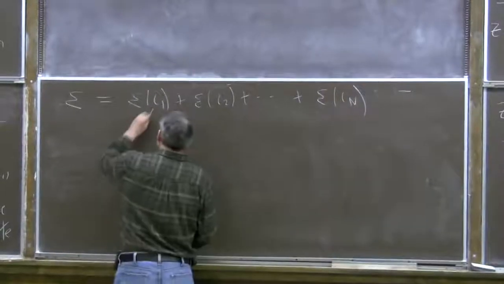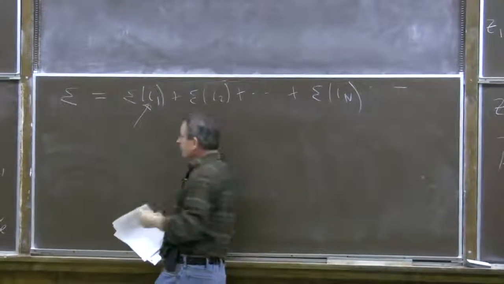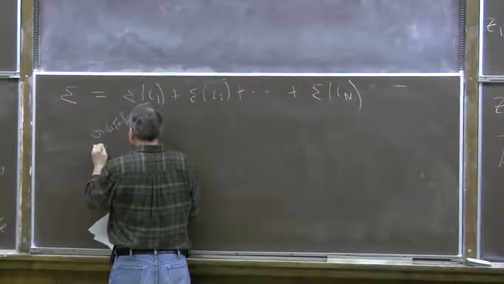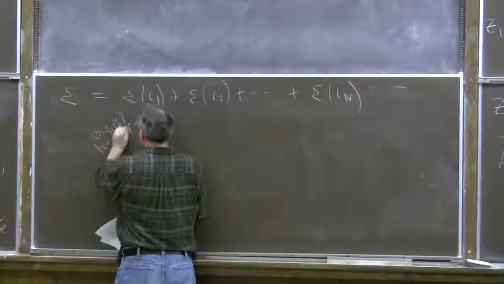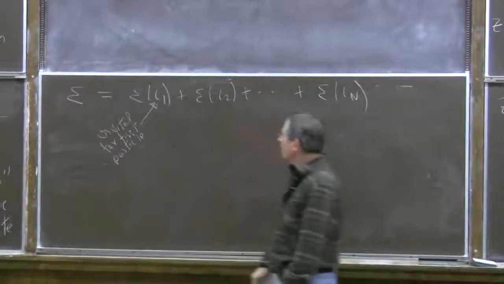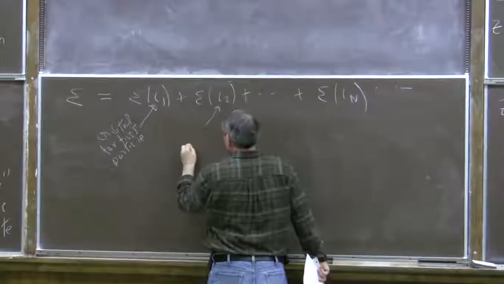What I mean by I1 is that's the label for the orbital occupied by the first particle, and it has some corresponding energy, which I call E of I1. I2 labels the orbital for the second particle, and so on.